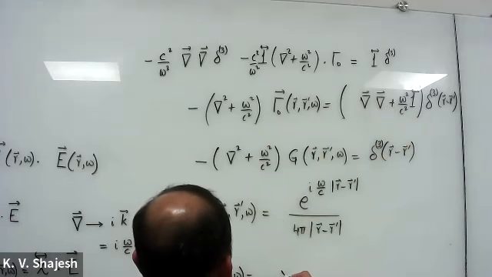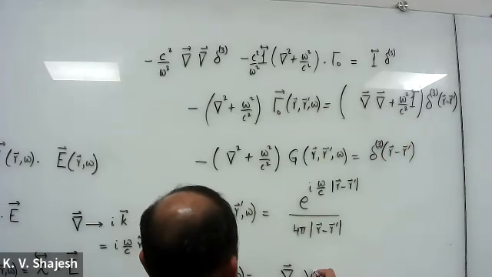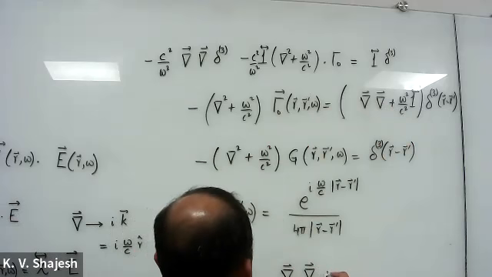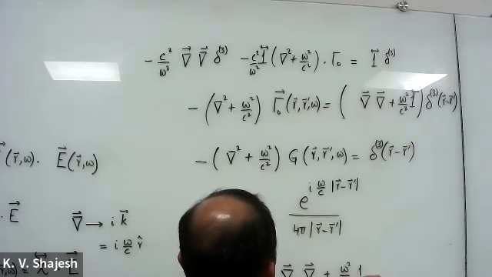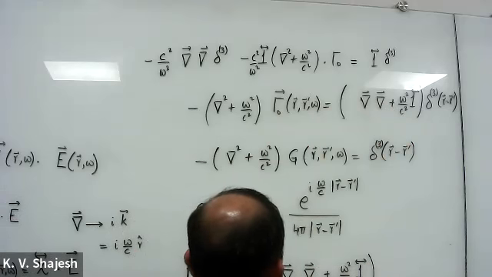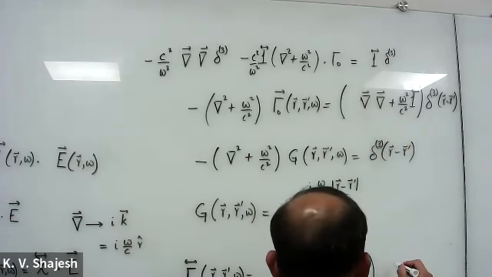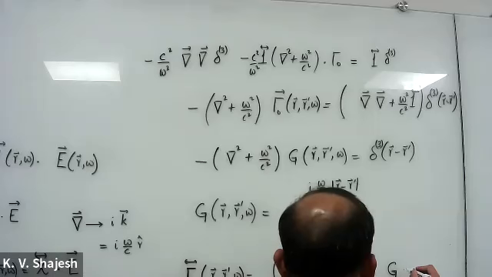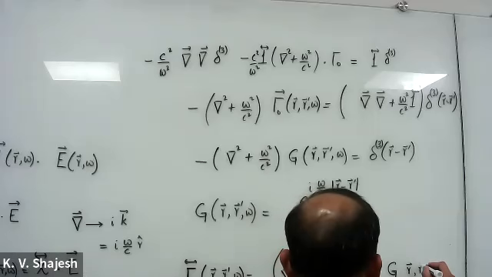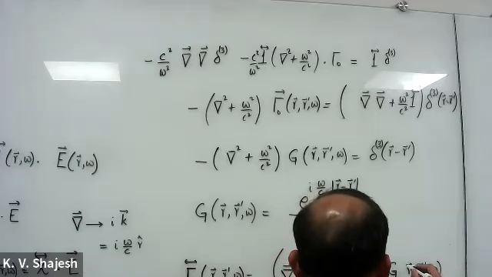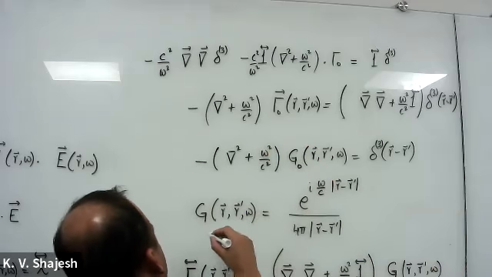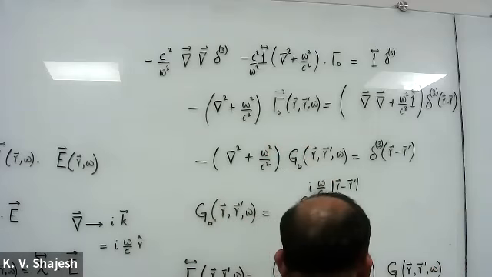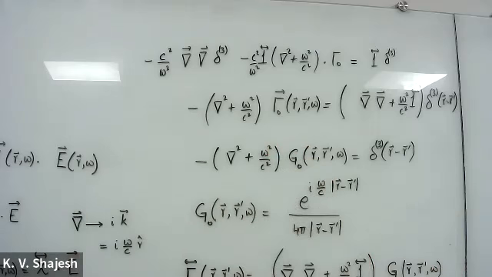So this will be divergence omega square over c square times 1 times my Green's function. And in this context, since there is a 0 sitting there, let's define this as G0.